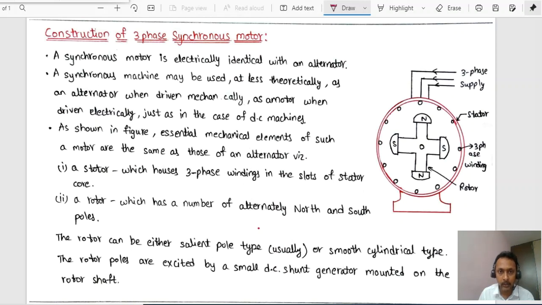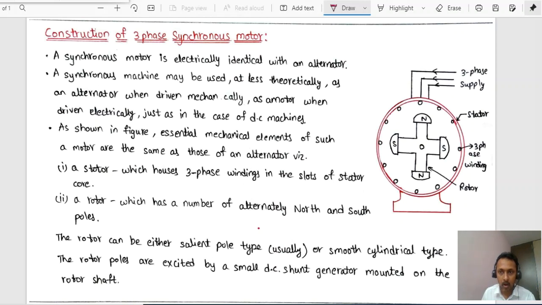The same machine, if the input is electrical and the output is mechanical, we call it a synchronous motor, just the same as in the case of our DC machines, where we have the DC motor and DC generator.